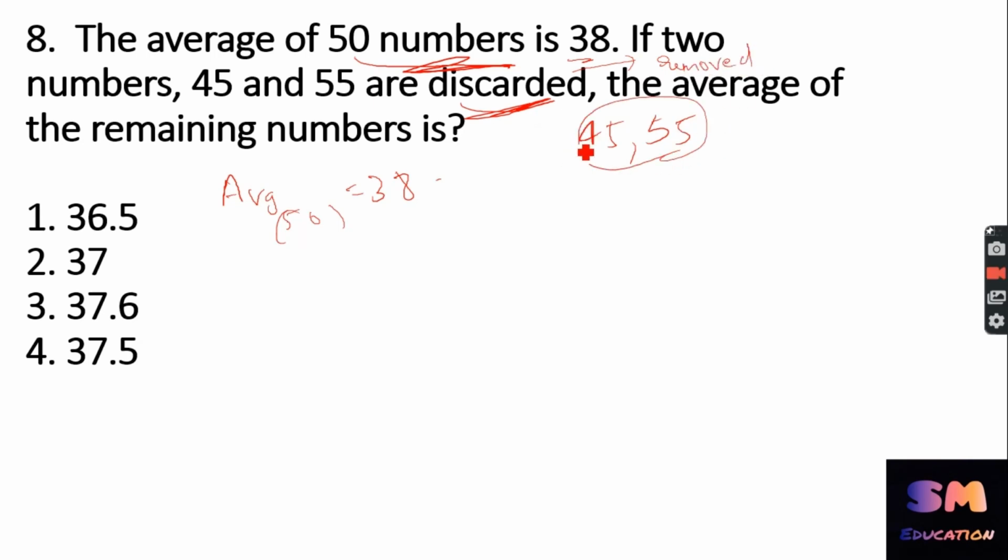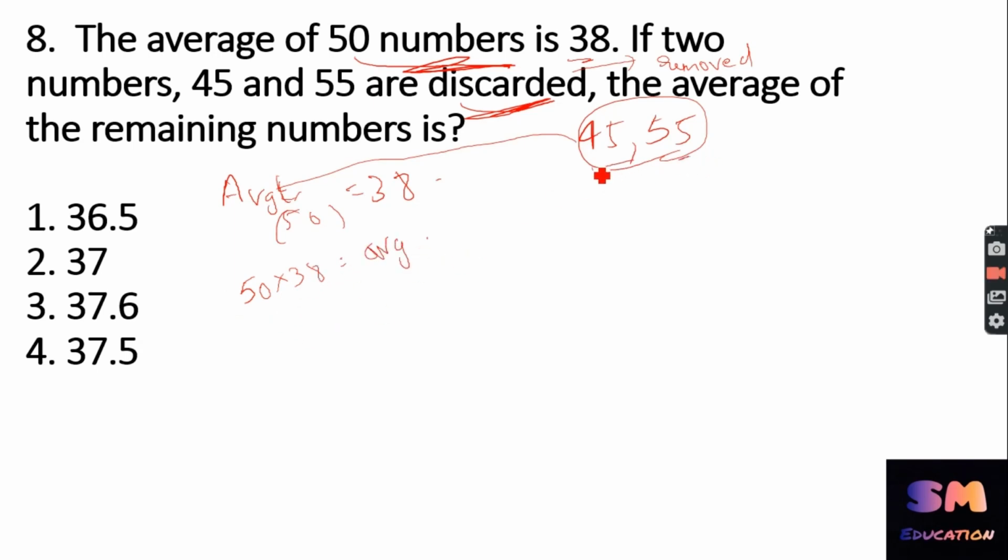If these 2 numbers are removed from the 50 numbers, find the average of the remaining numbers. Totally for 50 numbers, the average is 38.